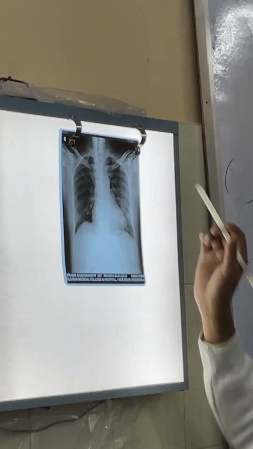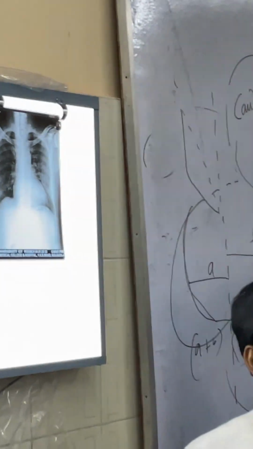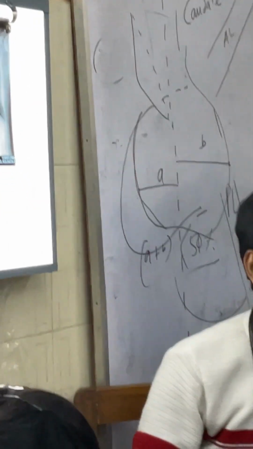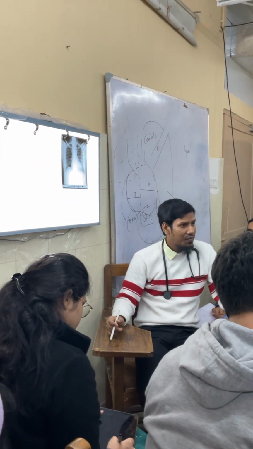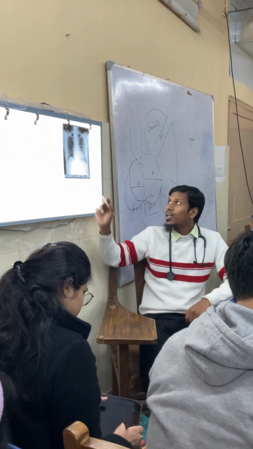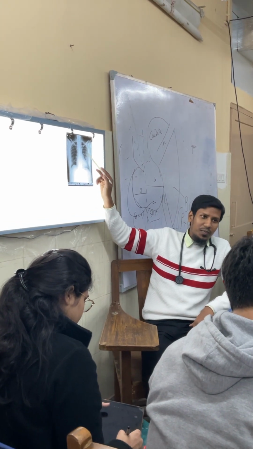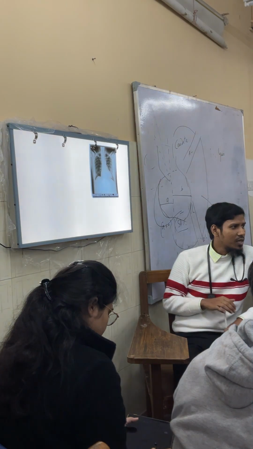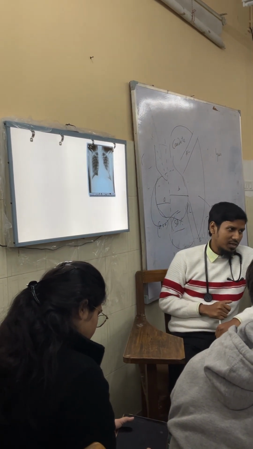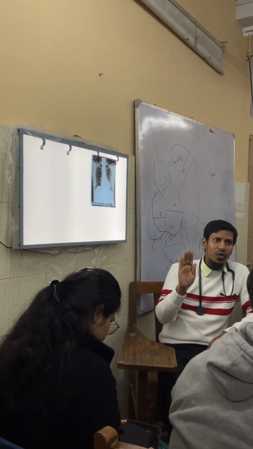So if any area has loss of lung tissue, that means there is damage of the lungs. That means emphysema. That will be loss of the lung tissue. That means these vascular markings and bronchial markings are known as bronchovascular markings. So always look for the lung fields.